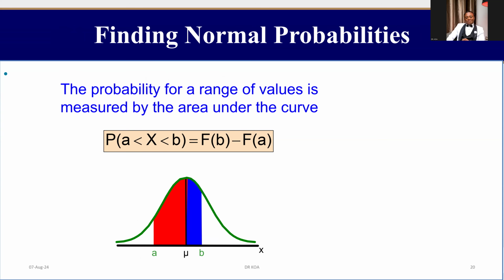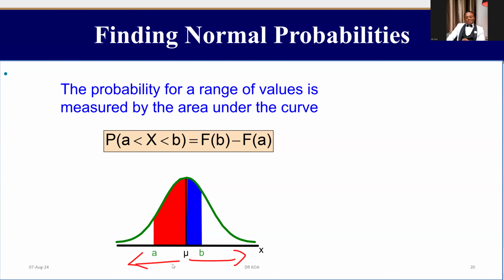You always move from the center to the right, or from the center to the left. But if you look at the area, watch it carefully. I'm not looking for all of the area. I'm looking for the red and the blue.